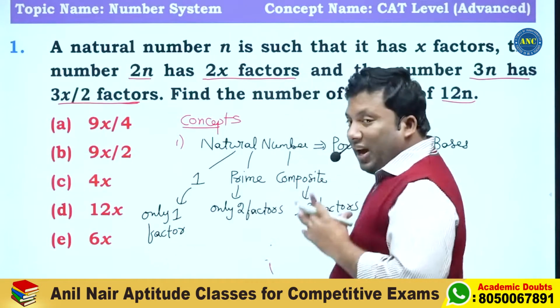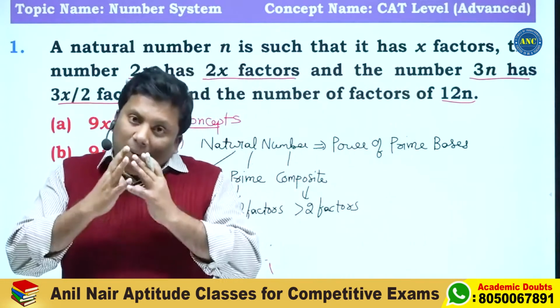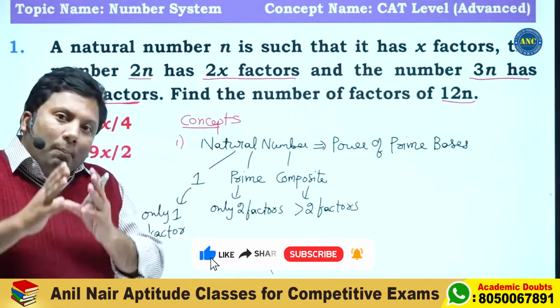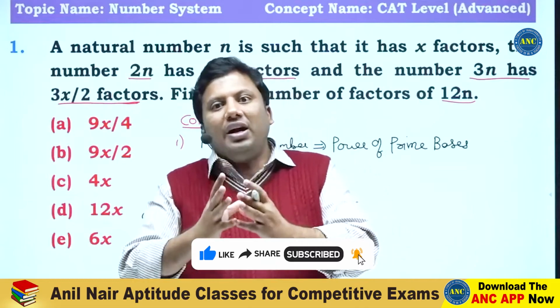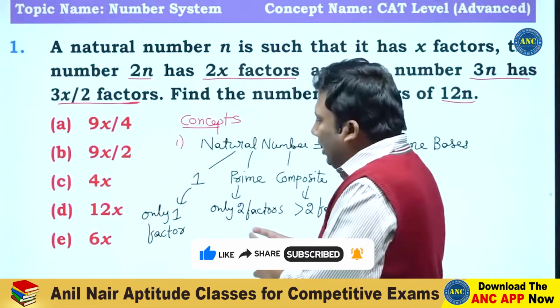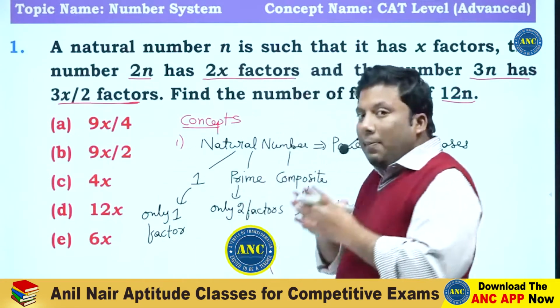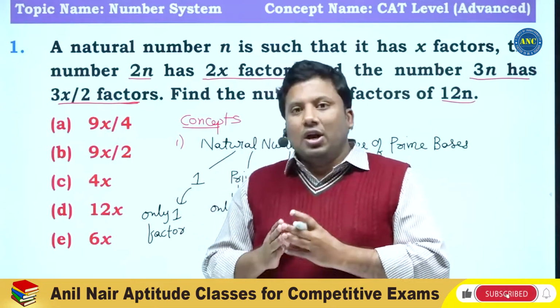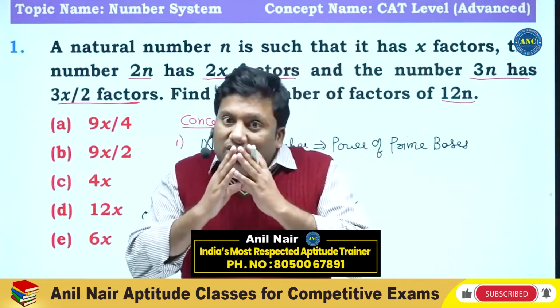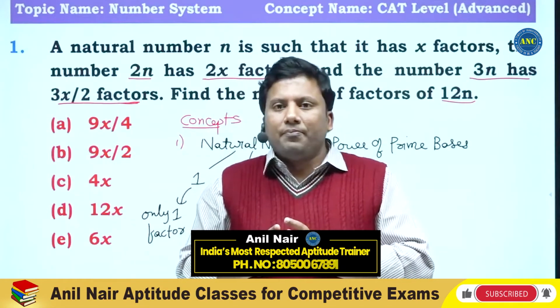Based on the number of factors, please make a point in your notebook. A natural number is divided into 3 kinds of numbers. One is a prime number, a number which has got only 2 factors. Don't say that a number which has 2 factors is a prime number.